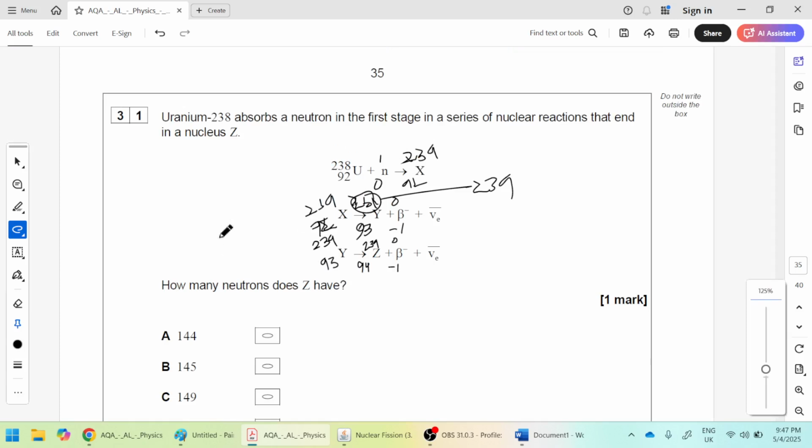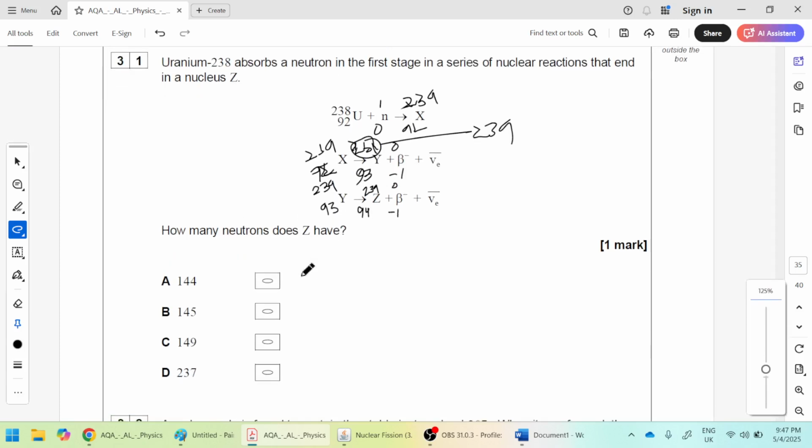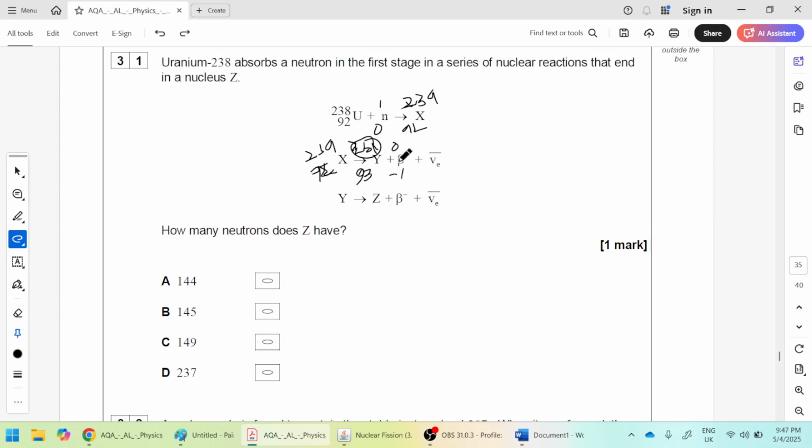How many neutrons does that have? 239. That makes no sense. I'll go through that again because that sucks. Oh, no, I was actually correct. I was looking at the nucleon number.